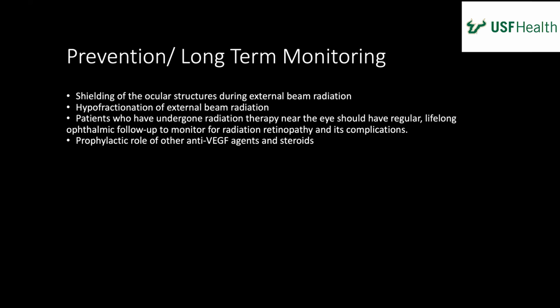Also, I saw one case of pre-treating with PRP, which initially had good results, but long-term didn't change any visual outcomes. Shielding the eye if you're doing any type of external beam radiation to head or neck cancers, hypofractionation of the radiation. And then basically you just need good long-term follow-up. They should have regular lifelong ophthalmic follow-up to monitor for any changes of radiation retinopathy and its complications.